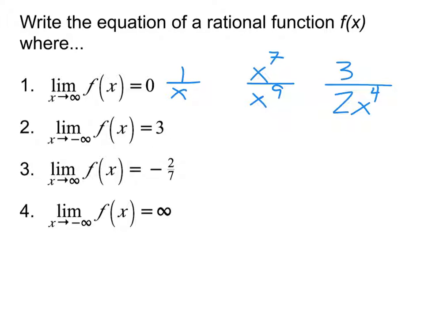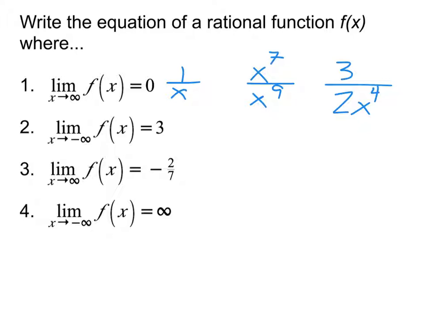All right, for number 2, our limit as we approach negative infinity is at 3. So we're definitely approaching an asymptote, but in order to put the asymptote at 3 instead of 0, you have to have a balanced equation, which means your top degree has to be equal to the bottom degree.